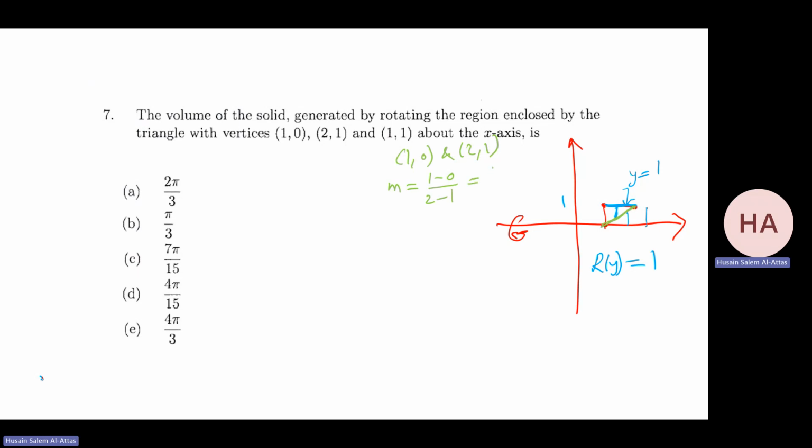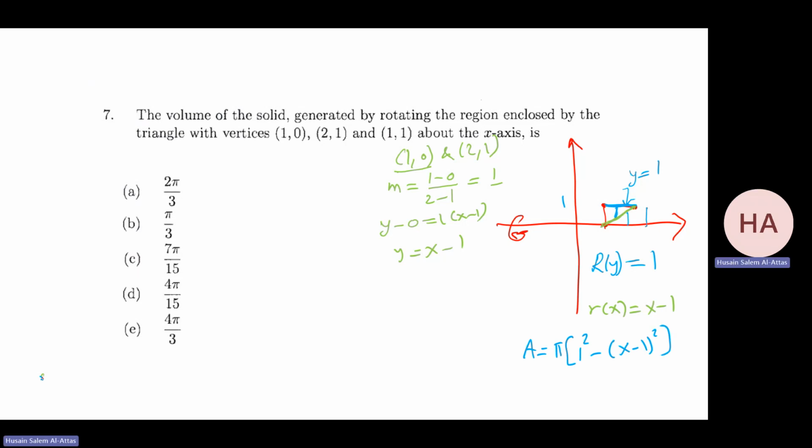The slope is 1. So what is the line? I have the point and a slope, so y minus 0 equals 1 times (x minus 1). So it's y equals x minus 1, and that will be my small r. Now go back to the blue one. I have the area will be 1 squared minus (x minus 1) squared.